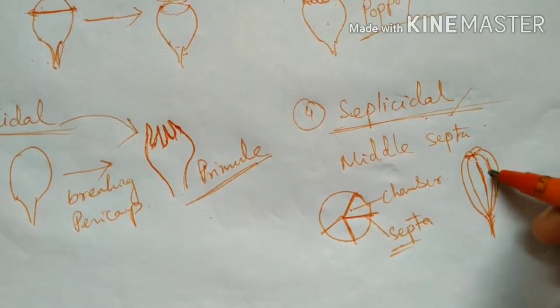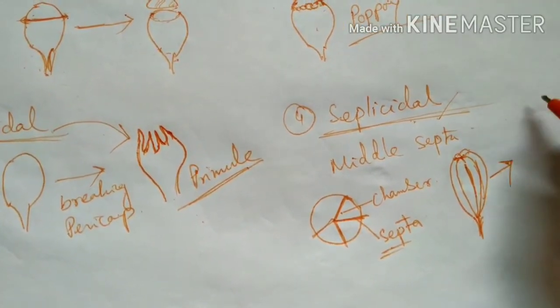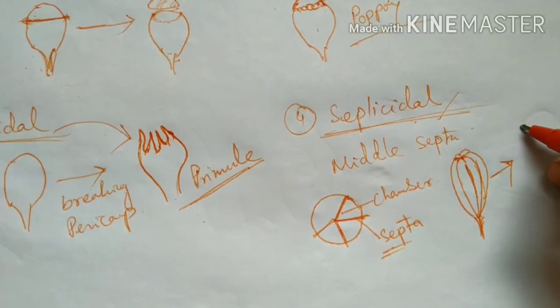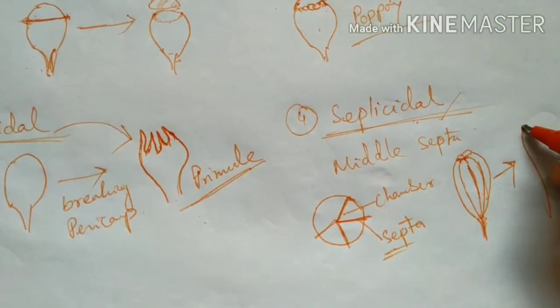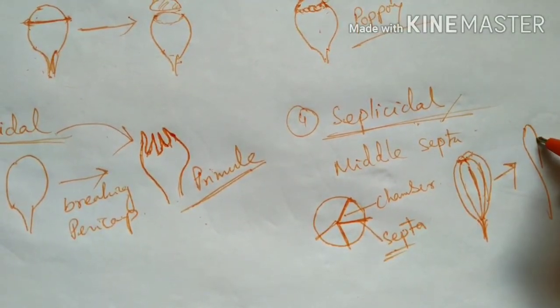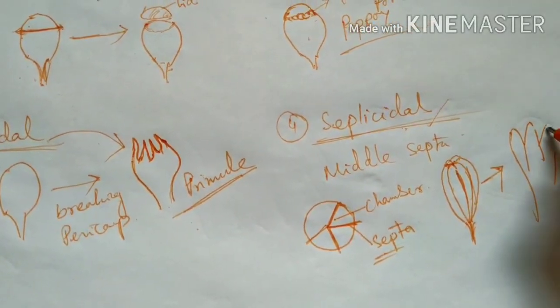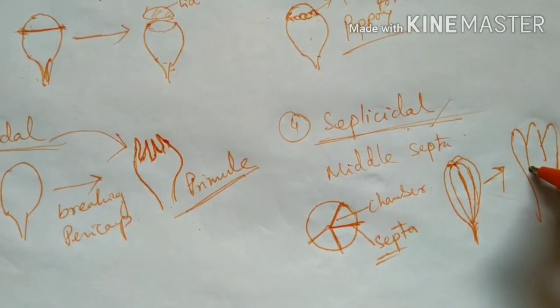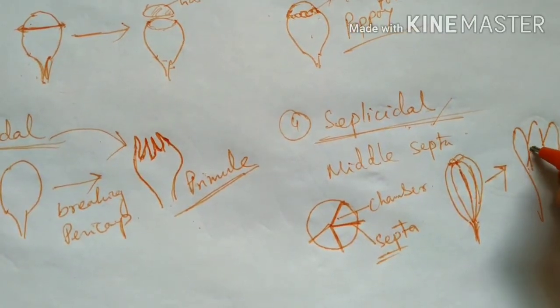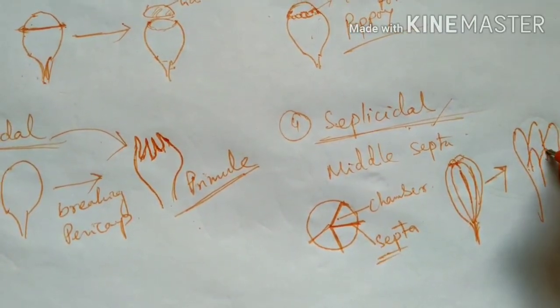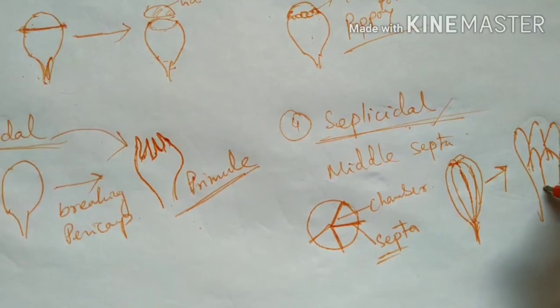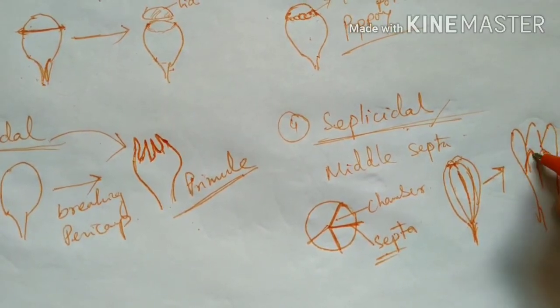And it looks like this type. All septa dehisce, or all septa break by the middle area or portion.